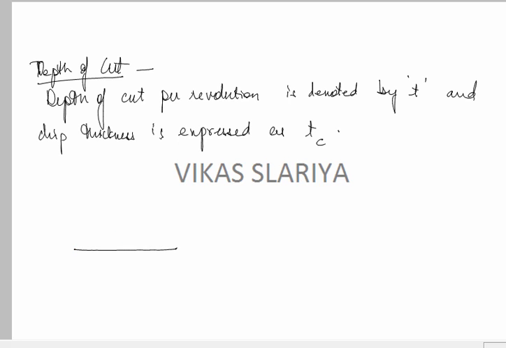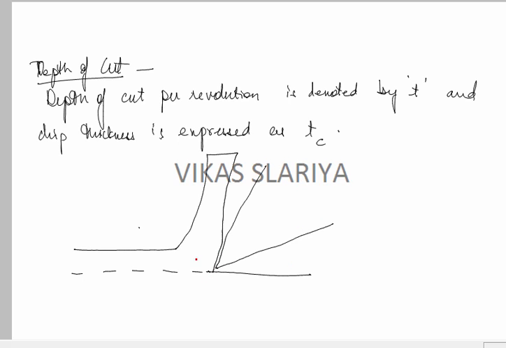When we were studying about shear plane, like in the previous diagram what we have studied, I'm discussing that again. This was my shear plane. Let its length be expressed as AB.